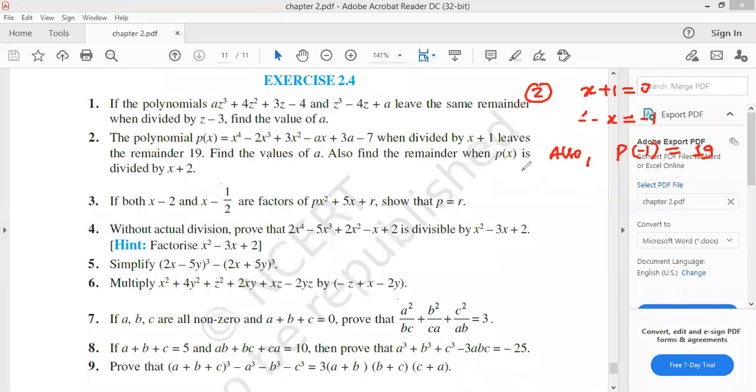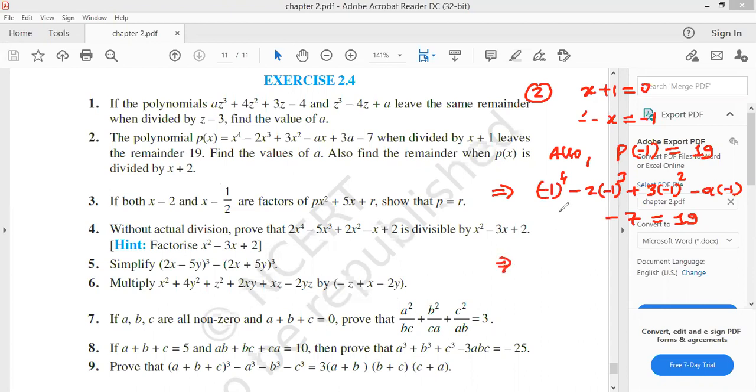Now substitute the value of x as minus 1. It will be minus 1 to the power 4 minus 2 into minus 1 to the power 3 plus 3 into minus 1 square, then minus a into minus 1 minus 7 is equal to 19. If you simplify this, you will get the value of a.